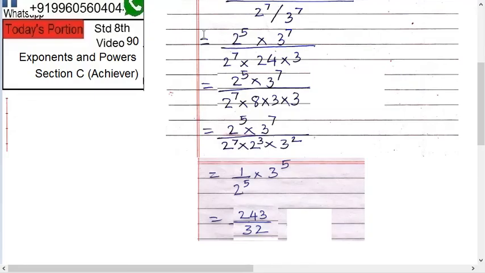Equals 2^5 into 3^7 upon 2^7 into 24, 8 3s are 24, into 3. Okay. Now 2^5 into 3^7 upon 2^7 into 8 is what? 2^3. 2^3 into 3 becomes 3^2.